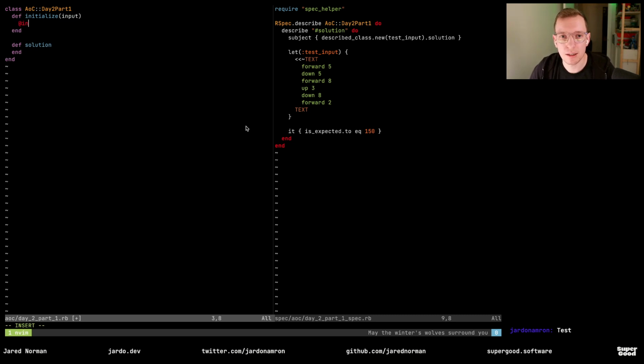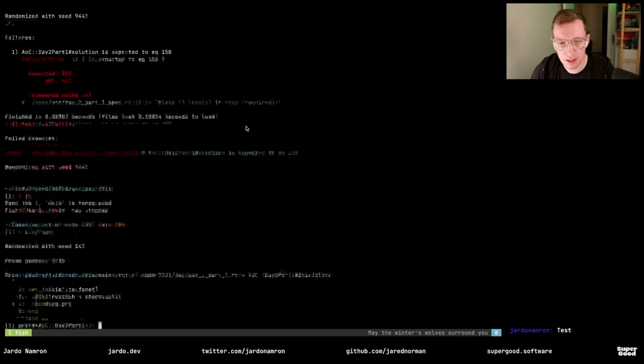Let's just do something simple for now. Instructions equals input split, map. I'm just going to play around and see if we can get something useful here.